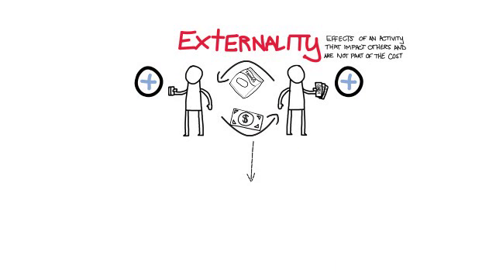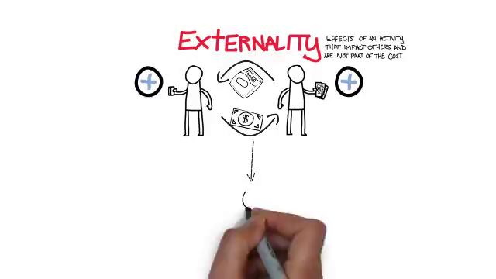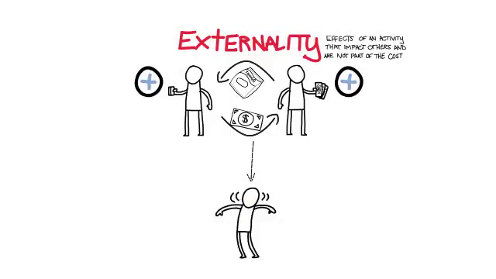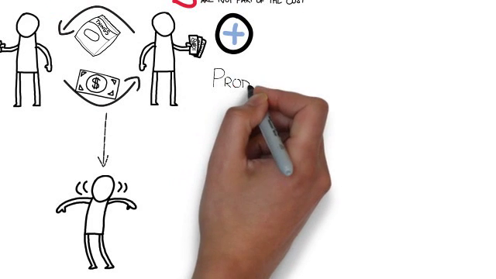So sometimes this transaction can also impact a third party who was not part of the transaction but still has to deal with some of the after effects of that purchase. One of the main ways that we think about this in environmental science is usually we focus on the production side.